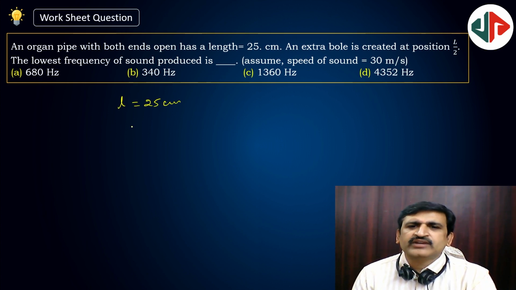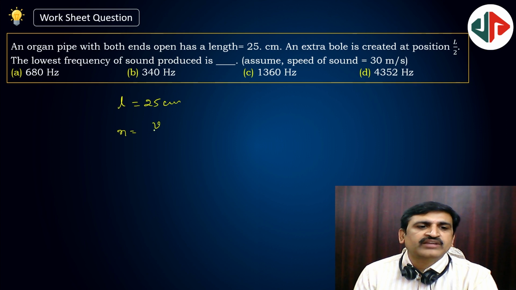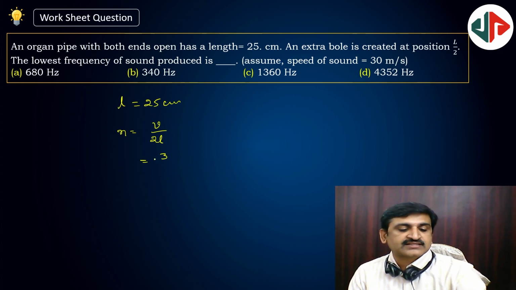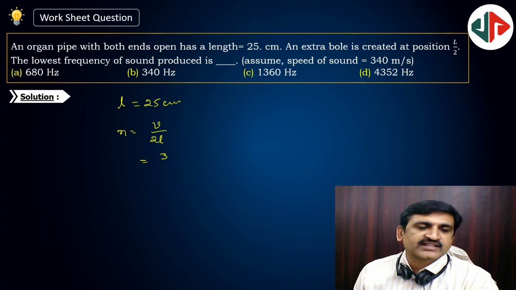Then this L by 2 only will be under resonance, right? So lowest frequency N is equal to V by 2L, open end. V is 330 or 300. Let me check this. Yeah, I changed it. That is 340 meters per second he has given.